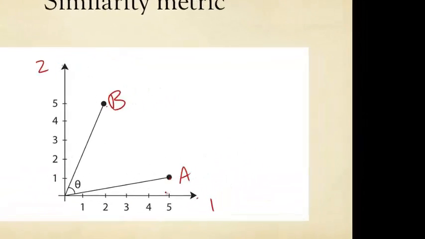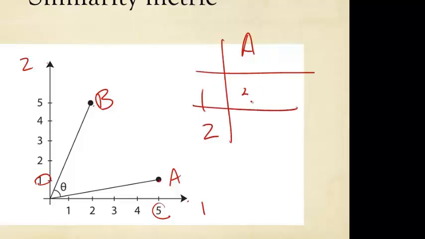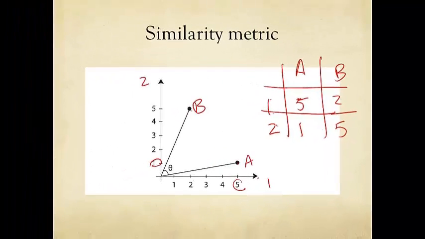So movie A is getting a rating of 5 from user 1 and 1 from user 2, a 5-star and then a 1-star, whereas movie B is getting a 2-star and a 5-star from these two users respectively. As you can tell, these two movies are very different. They are basically liked or disliked in an opposite polarity by these two users.